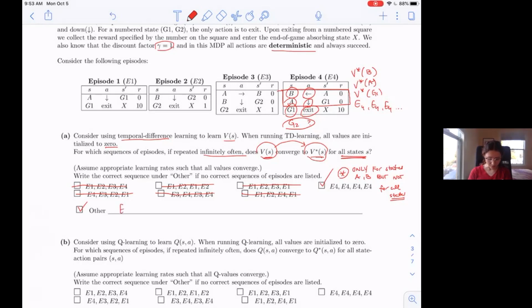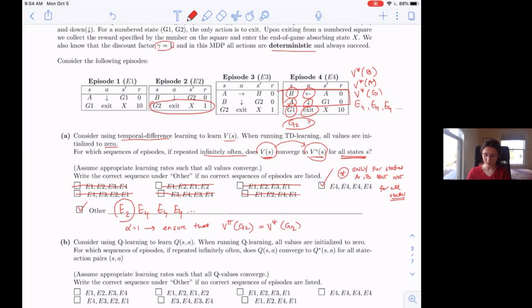In particular, if you use the sequence E2, E4, E4, E4, and then E4 infinitely often, where you first sample E2 with a learning rate of alpha equals 1, then you're going to ensure that V pi of G2, because remember G2 looked optimal in episode 2, is going to equal V star of G2.